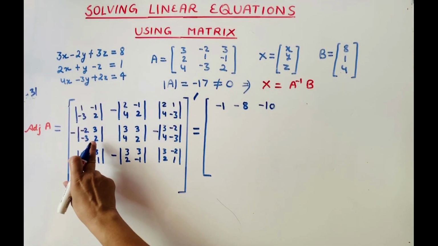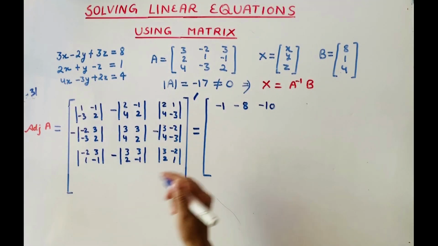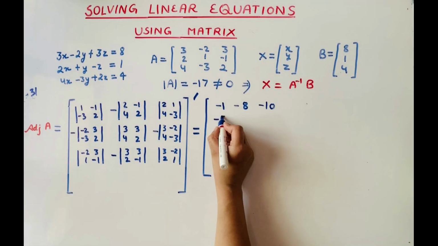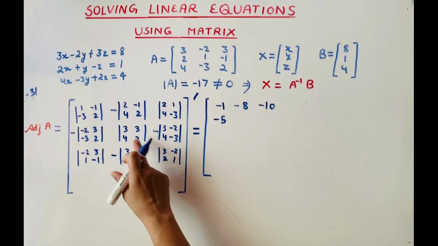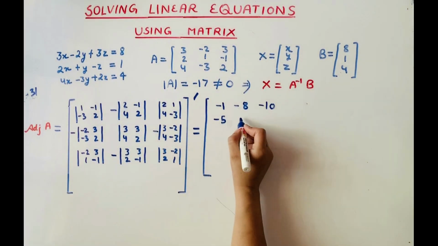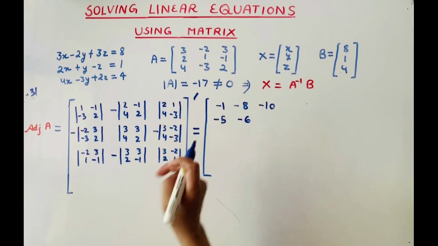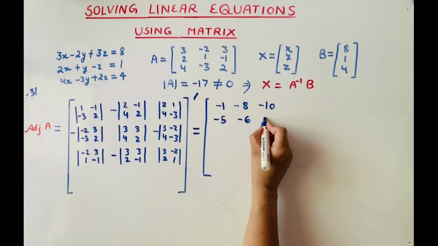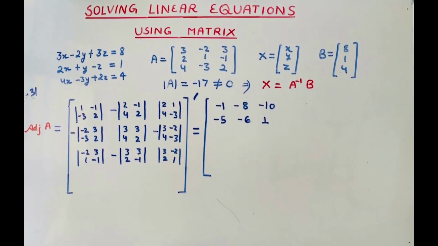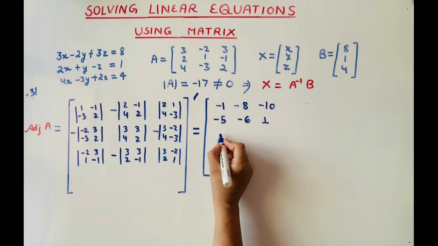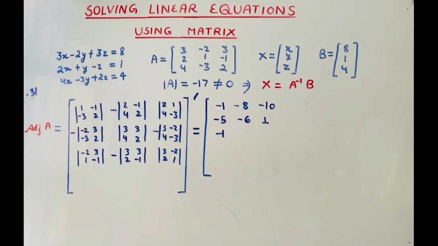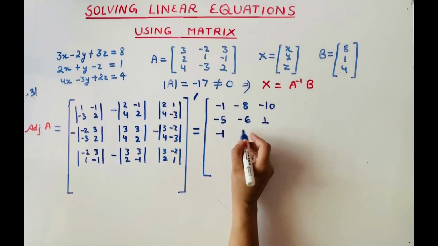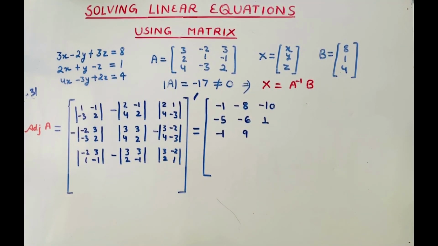Here this one will be minus 4 plus 9, 5, but here you have a negative sign, so it will be minus 5. And this one will be 6 minus 12, minus 6. This one will be minus 9 plus 8, minus 1, but one negative here, so it will be plus 1. This one will be plus 2 minus 3, minus 1. Here this one will be minus 3 minus 6, minus 9, and 1 minus outside, so it will be plus 9. And here it will be 3 plus 4, 7.